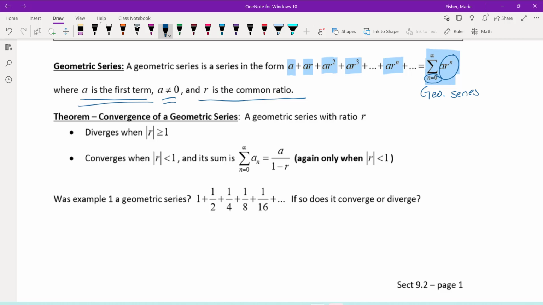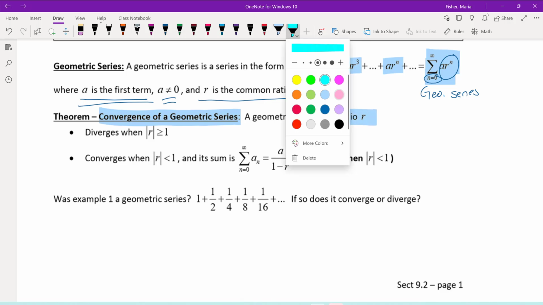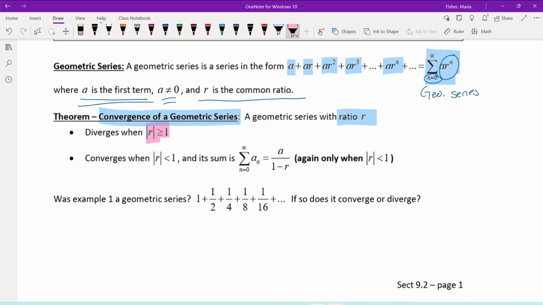Now we can determine if a geometric series converges or diverges by looking at that common ratio r. If the absolute value of that common ratio is greater than or equal to 1, the series diverges.